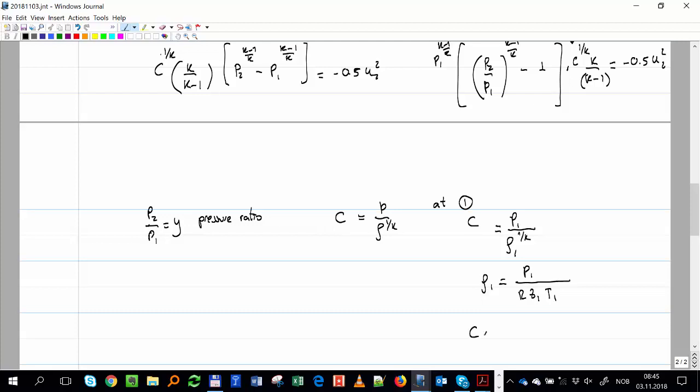So C is P1 to the K minus 1. I think so. Let's see if I didn't.